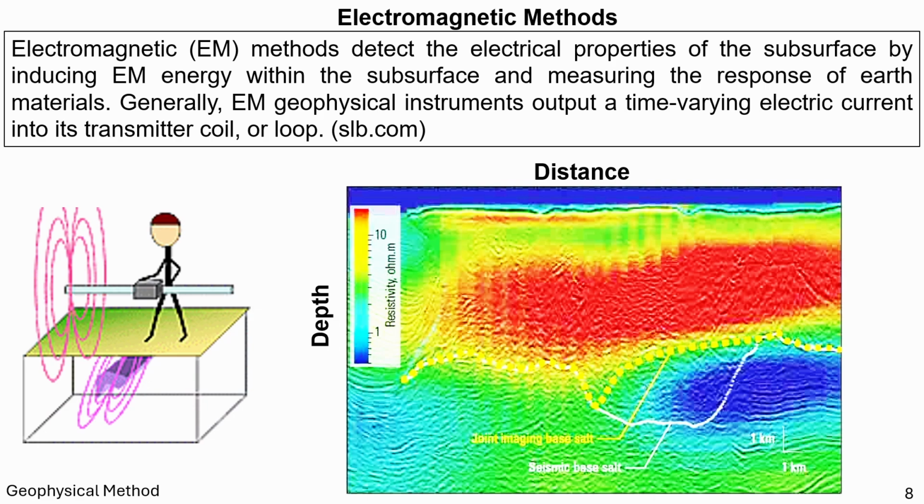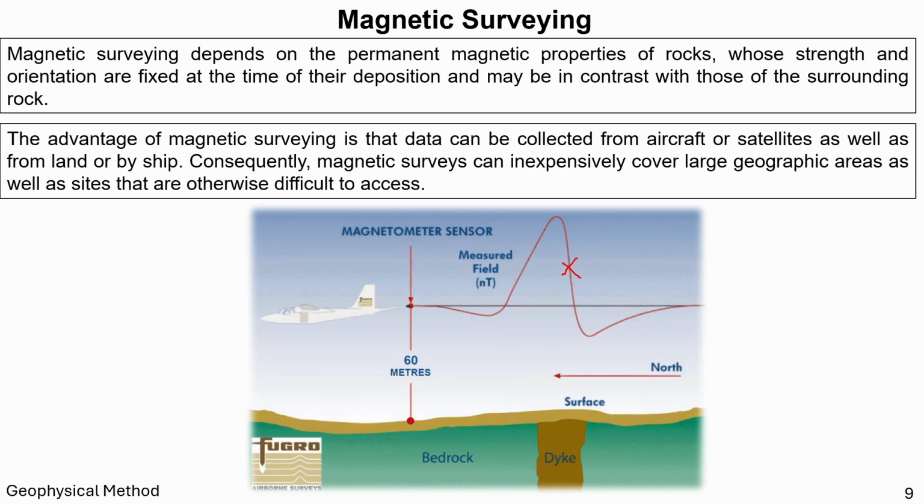Because different rocks and fluids have different electrical properties, EM methods can help distinguish between formations, fluids, and conductive zones. In simple terms, seismic tells us a lot about structure, while EM can add information related to resistivity and fluid content.